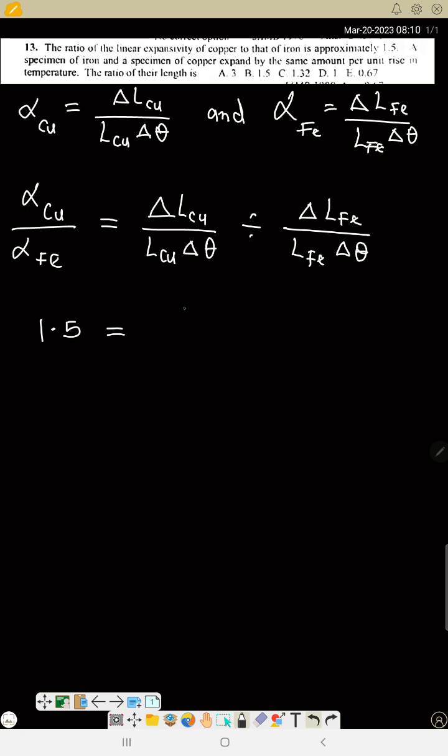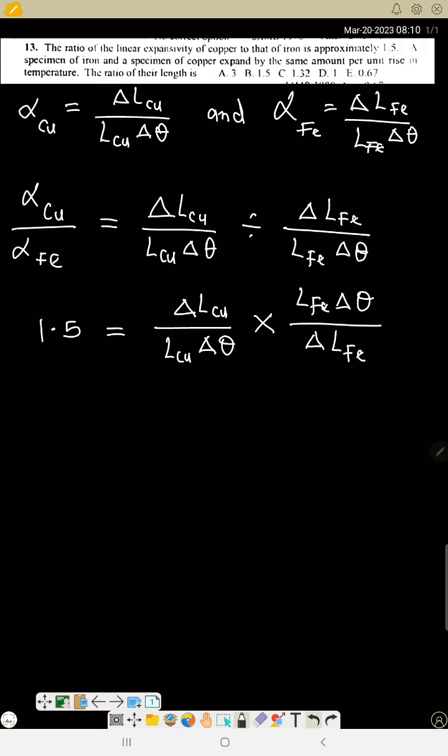So it's equals to change in length of copper divided by original length of copper per degree rise in temperature times, anytime division change to times, so this one will go up, this one will come down. So that will be original length of iron times the theta over change in length of iron.